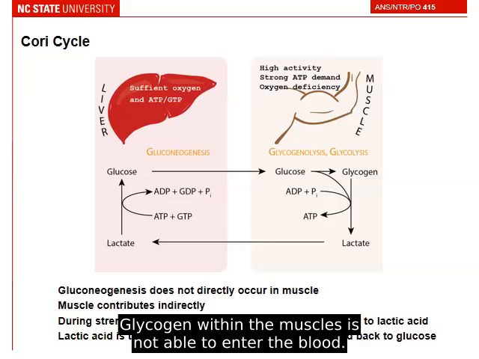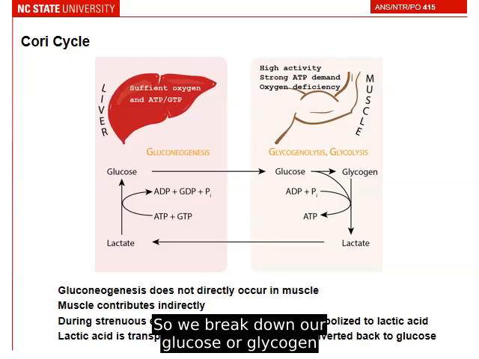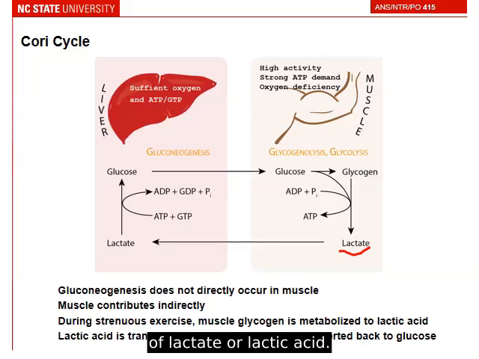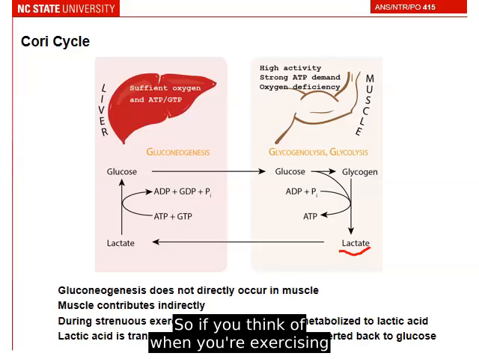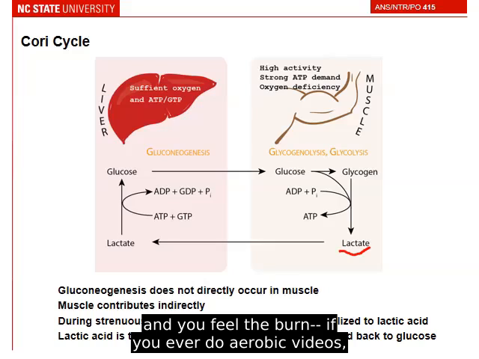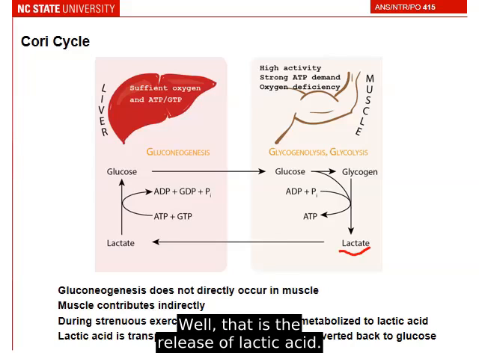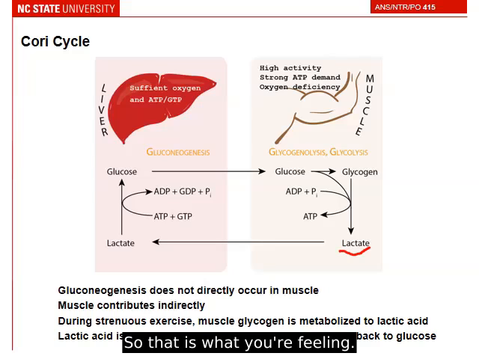Glycogen within the muscle is not able to enter the blood, so we break down our glucose or glycogen, and we end up getting the formation of lactate or lactic acid. If you think of when you're exercising and you feel the burn, if you ever do aerobic videos, they'll tell you to feel the burn. Well, that is the release of lactic acid. That is what you're feeling.